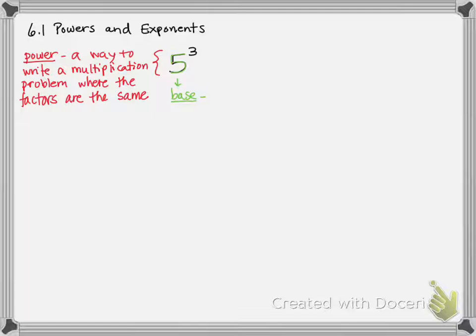And a base is the number that is multiplied by itself repeatedly. Okay. Well, how many times is it being multiplied by itself? Well, that's the job of this little number, which is called an exponent.